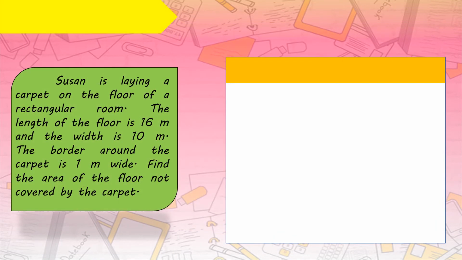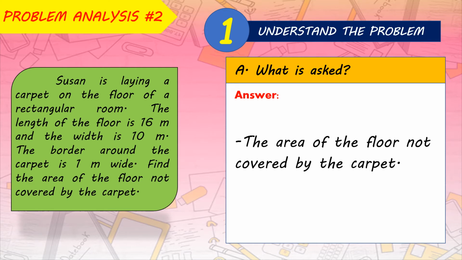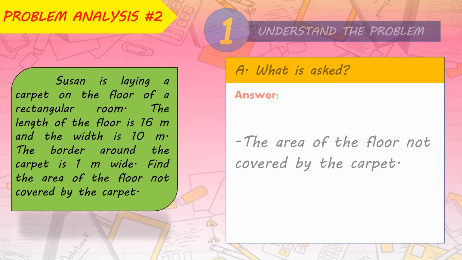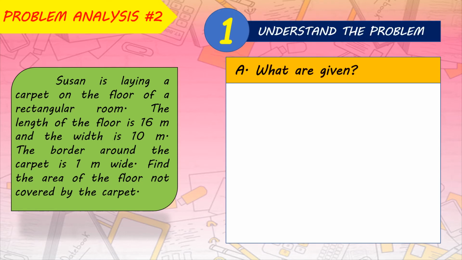So now let's analyze problem number 2. Like we did earlier, first we're going to understand the problem. What is being asked? Very good. We are going to find the area of the floor which is not covered by the carpet. After we know what is asked, we are going to know what are the givens.